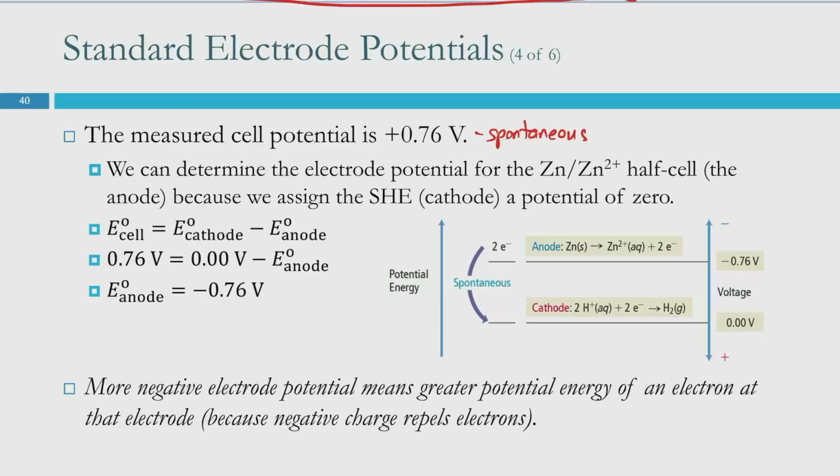So we can determine the electrode potential for the zinc and zinc 2+ half cell, our anode, our negative thing, since we assigned our standard hydrogen electrode a potential of 0. So relative to our standard hydrogen electrode, we've got a value of 0.76, and we get our standard cell potential as negative 0.76 volts.